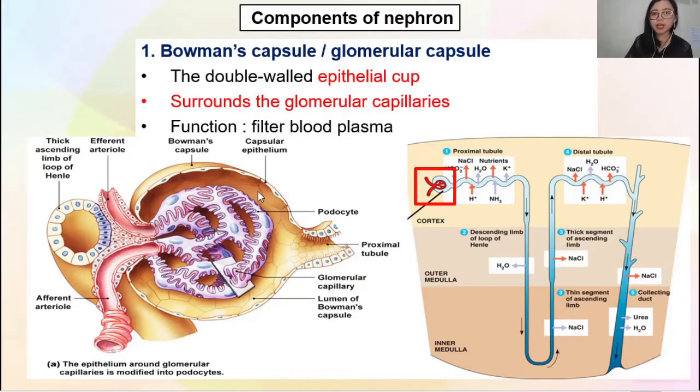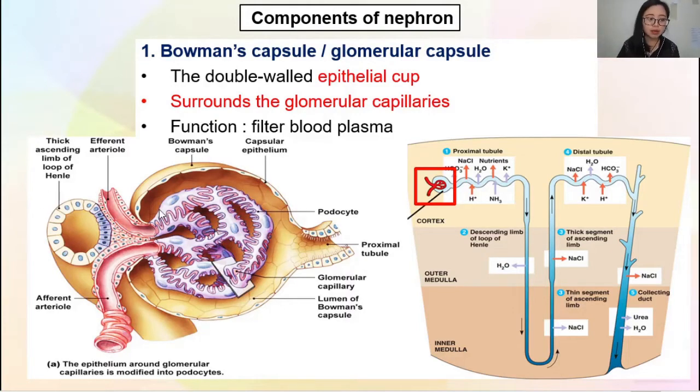Okay, so let's look at each of the components of the nephron. The first part is the Bowman's capsule. Tempat dia start adalah Bowman's capsule, ataupun boleh juga digelar sebagai glomerular capsule. So it is a double-walled epithelial cup. It's made up of epithelial cells, and these cells surround the glomerular capillaries.